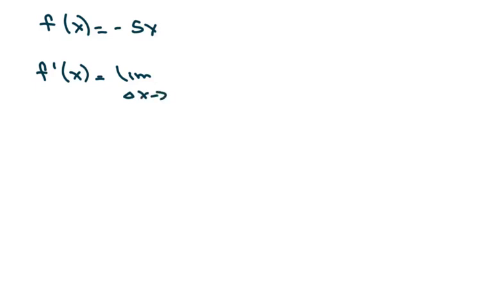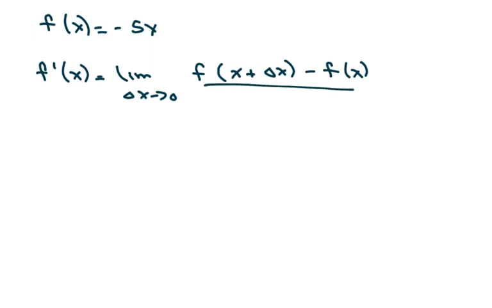And the next two are at least more interesting. We have f of x equals negative 5x, and we want to find the derivative of x, which equals the limit as delta x approaches 0. So what I'm going to do is write out the formula real quick. F of x plus delta x minus f of x over delta x.